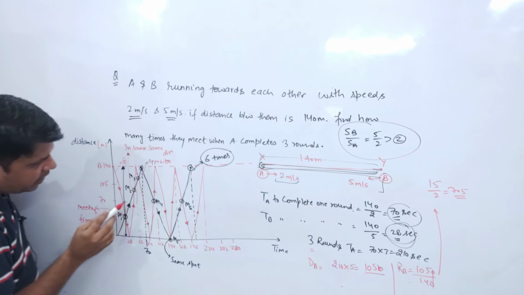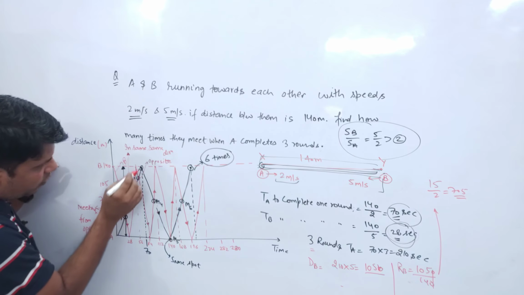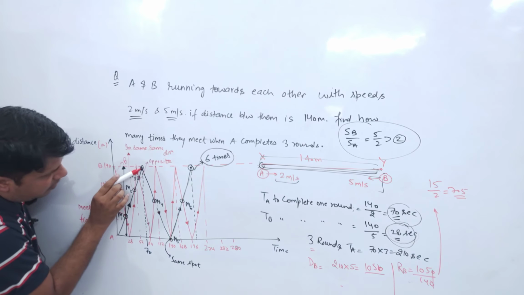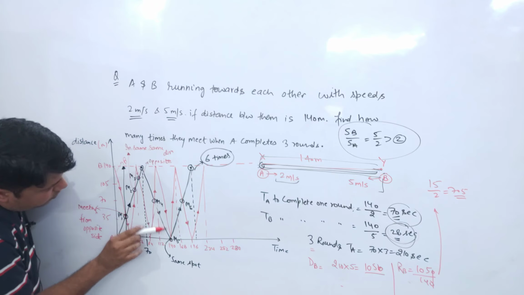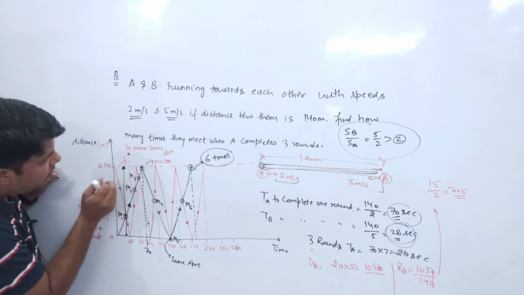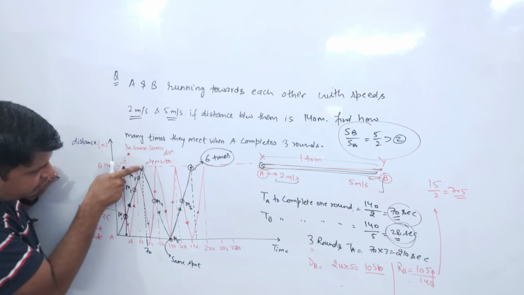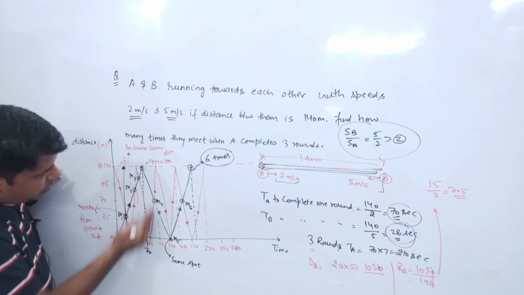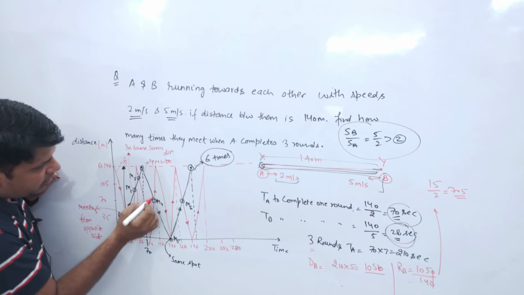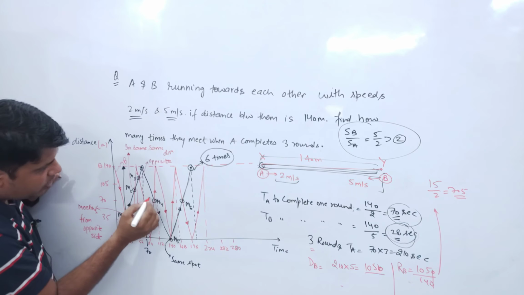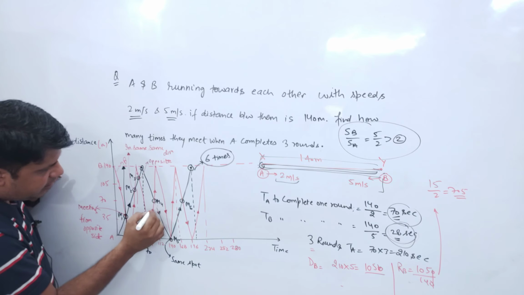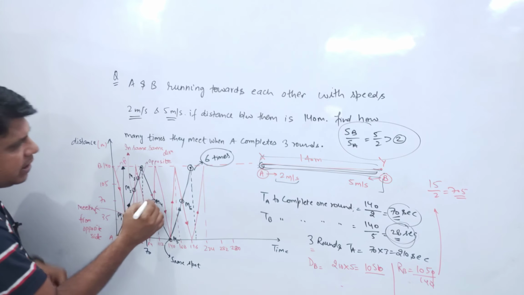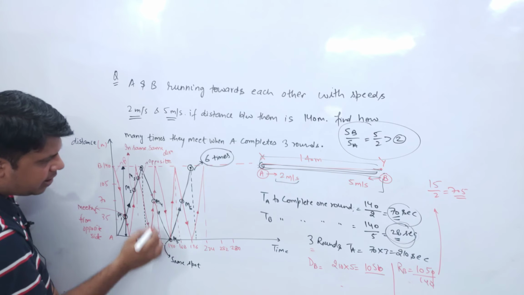Okay, fourth meeting point. The fourth meeting point is like that. They are just opposite now. The fourth meeting point is here. So you can see A is coming from B to A and B is coming from B to A. Now again this is important. Because B is coming from that place and A is approaching B, this is again opposite.